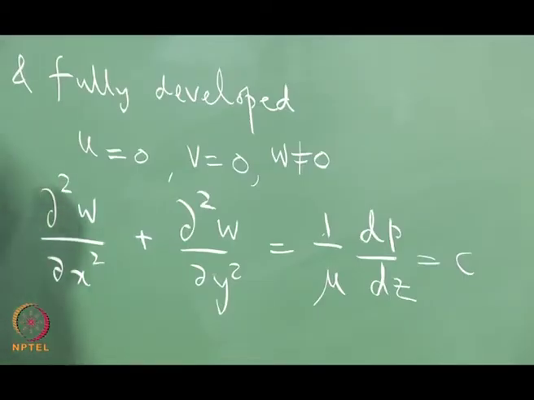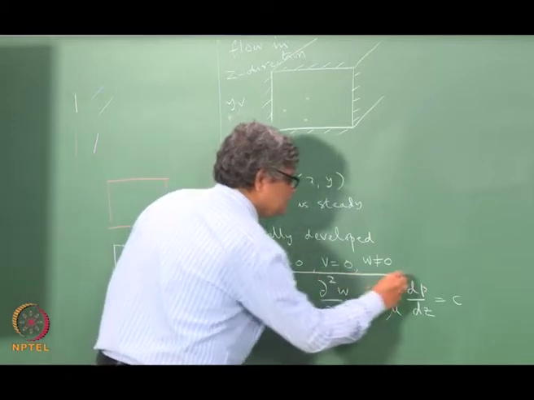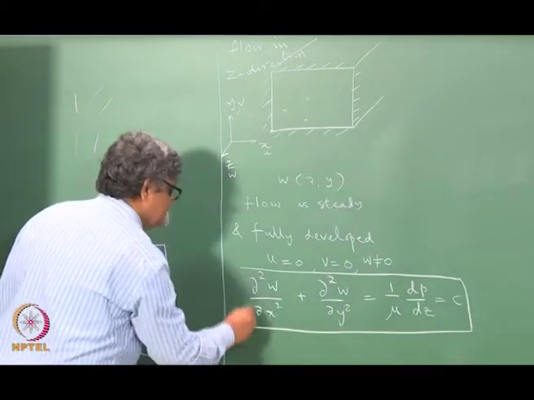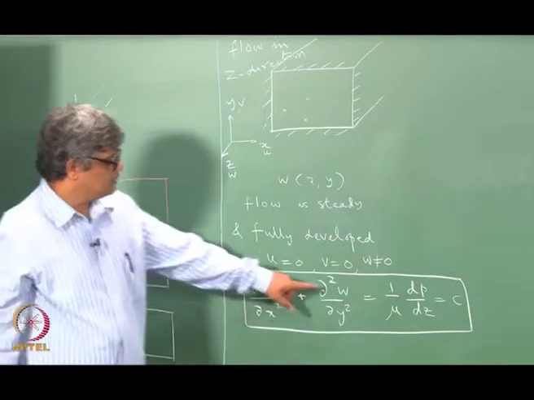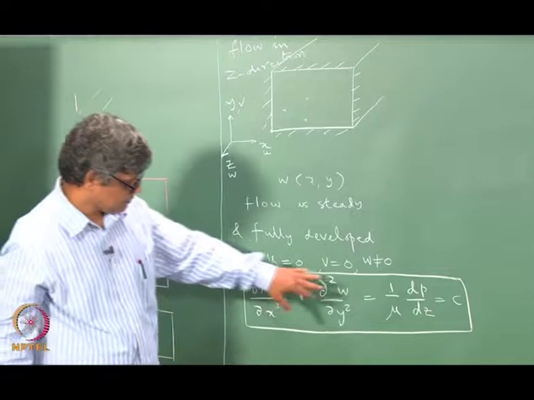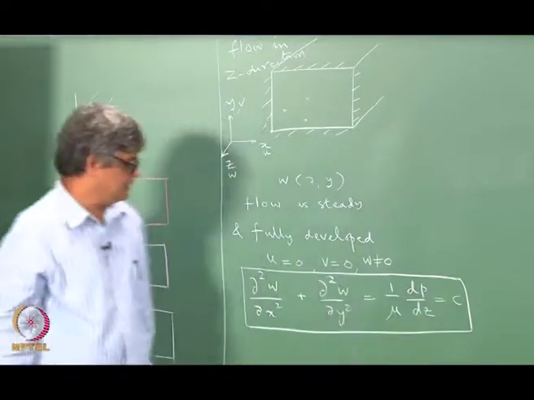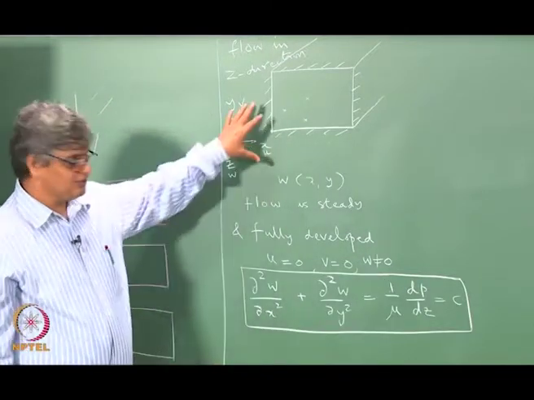Okay, so the equation which tells us how W varies is given by this. A solution of this equation for a specified constant is what we are looking at.